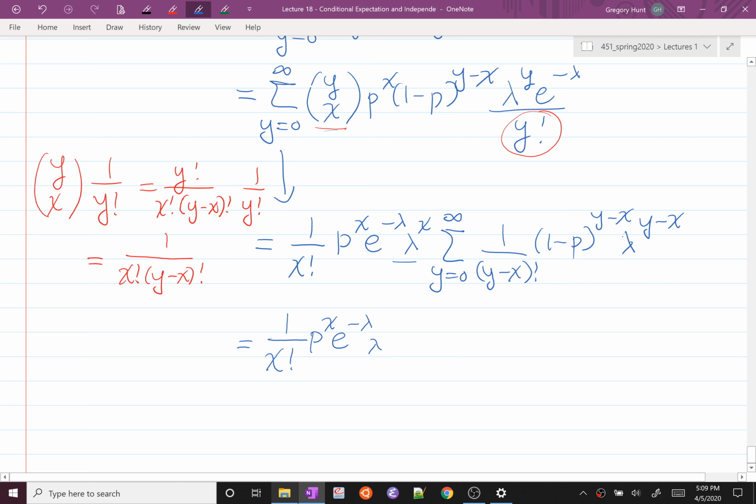Y goes 0 to infinity. And what we get is y factorial, 1 minus p to the y, lambda to the y. All right, so we can just change our sum.